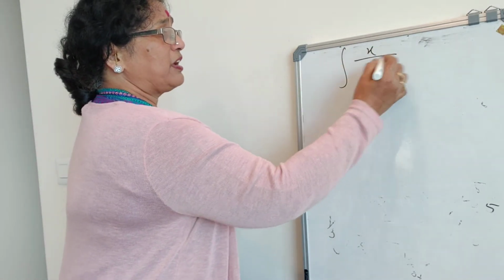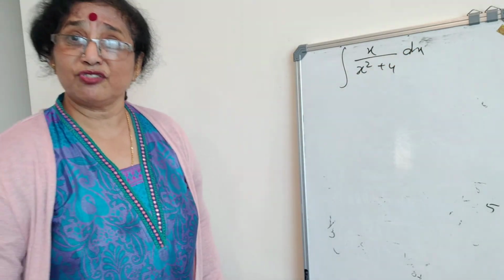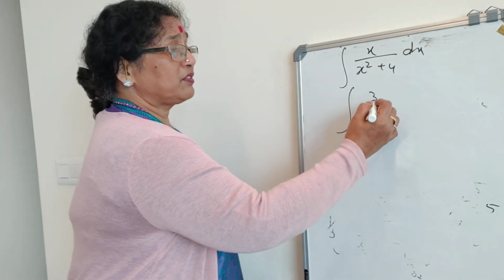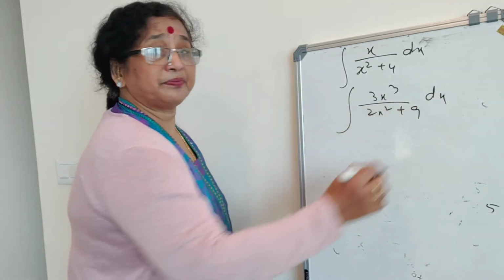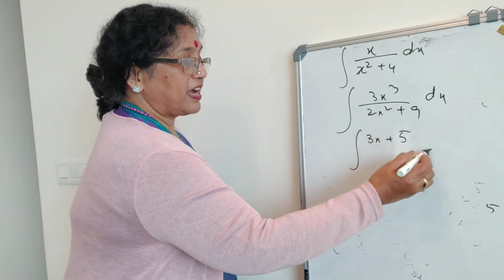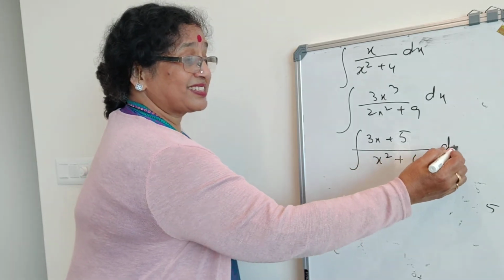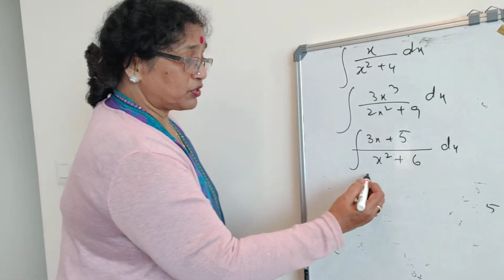If I give you x square by x square plus 4, copy it down. Copy it down, right? You just copy it down so that you will know what I'm going to do next. Or you have like 3x cubed by 2x square plus 9 dx. Or you have 3x plus say 5 divided by x square plus 6 dx. Am I right? And the last type is quadratic.